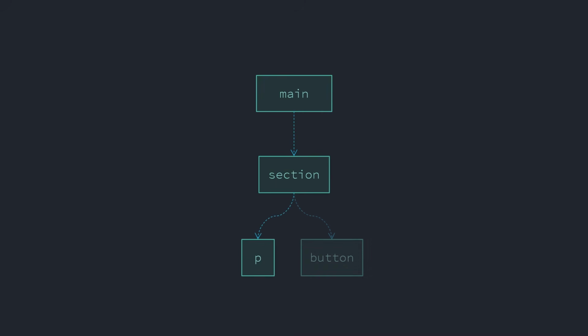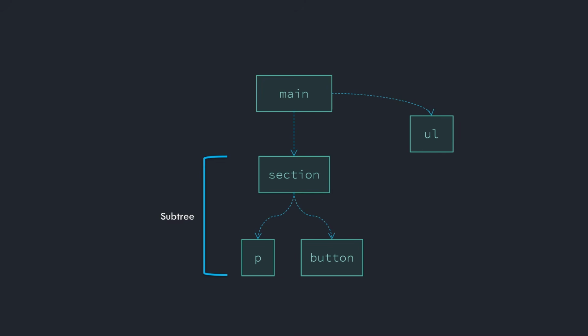And by subtrees, we mean when we have a tree of DOM elements, say a main and then a section, and then maybe it has a paragraph and a button, and somewhere else there's an unordered list off of main, we can think about sub-portions of the tree. That is, a subtree.